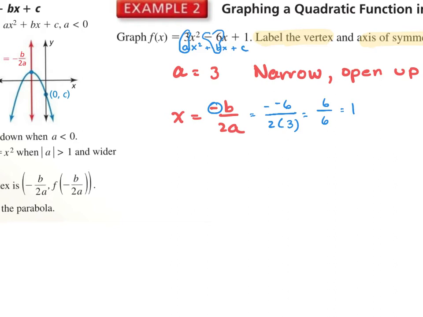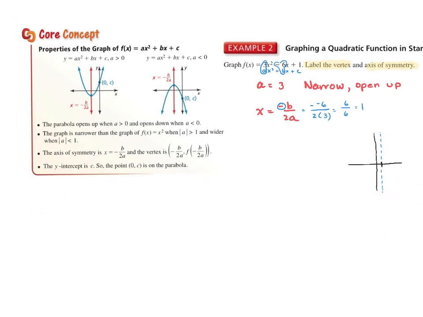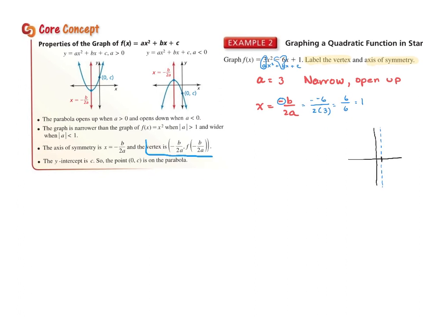If I was going to start graphing this right now, what I do know is my axis of symmetry is right here, where x is equal to 1. And I know my parabola is going to open upward, and it's going to be narrow. Now let's talk about this vertex formula over here. It says the vertex is at negative b over 2a, comma, f of negative b over 2a.